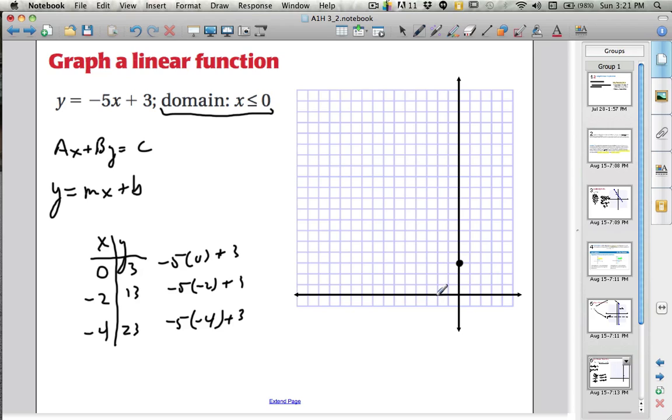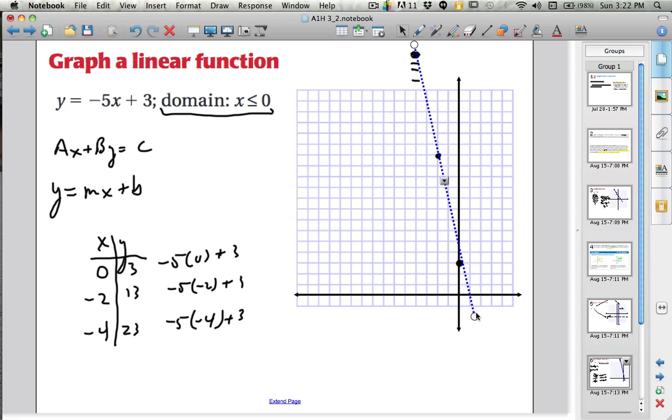When x was -2, y was 1, 2, 3, 4, 5, 6, 7, 8, 9, 10, 11, 12, 13. And when x was -4, y was 10 more than that. So 1, 2, 3, 4, 5, 6, 7, 8, 9, 10, right about there, 23. Again, this looks like it is indeed a line, but it's a very steep line.